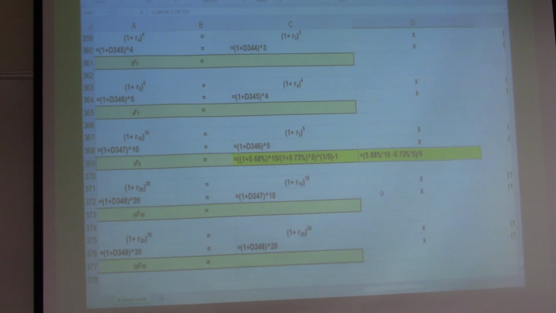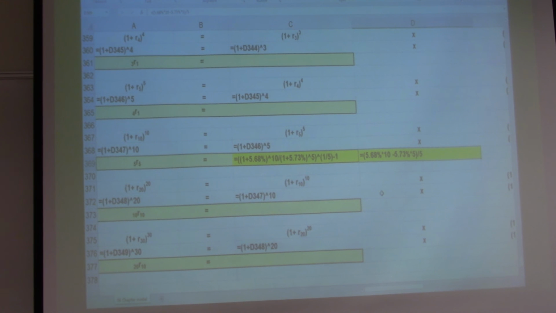So you got 10 years at 5.68% every year. And then you got 5.73 for 5 years, and then X for another 5 years that you don't know.